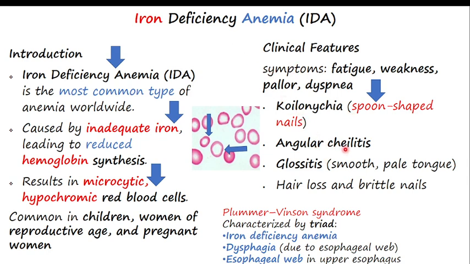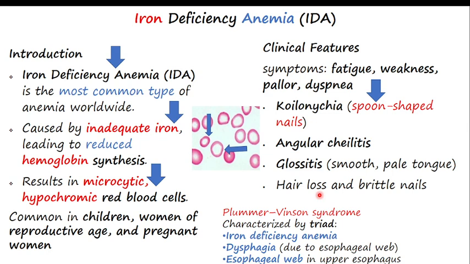There is angular cheilitis and glossitis, meaning a smooth tongue, and with angular cheilitis you have ulcers at the corners of your mouth. Also there is hair loss and brittle nails.